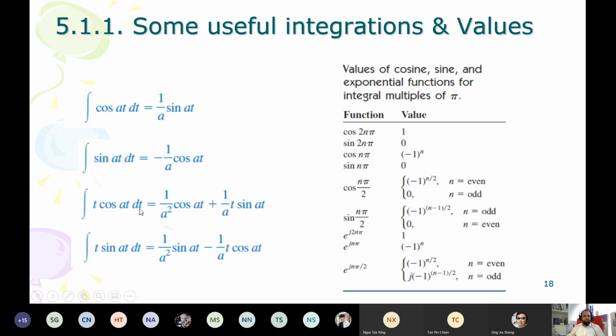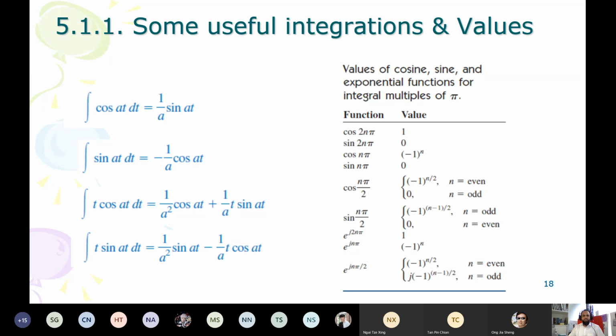If it's t times cosine at, we'll use integration by parts, so this will be the expansion. You can use this as your reference. Similarly for t sine at. I don't think we'll go further than these functions, but this would be enough to give you insight on the Fourier series. Similarly, cos 2 n pi is 1, sin 2 n pi is 0, and so on for different values. So this is just like the table for Fourier series.